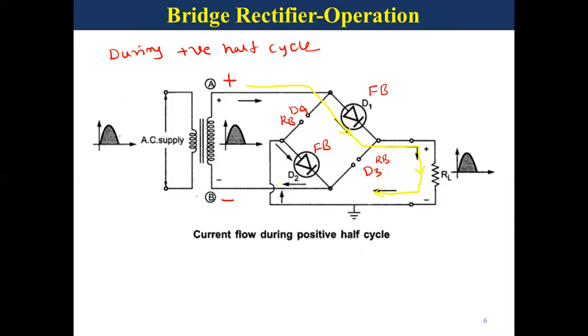Then it flows through the diode D2 and goes back to the negative terminal. So some current is flowing through the load, and a positive half cycle is developed across the load for the positive input cycle.